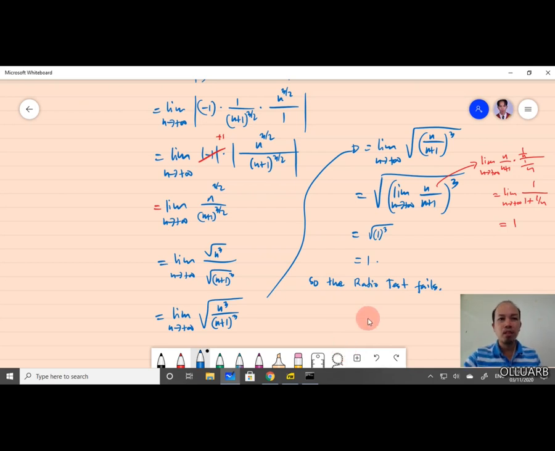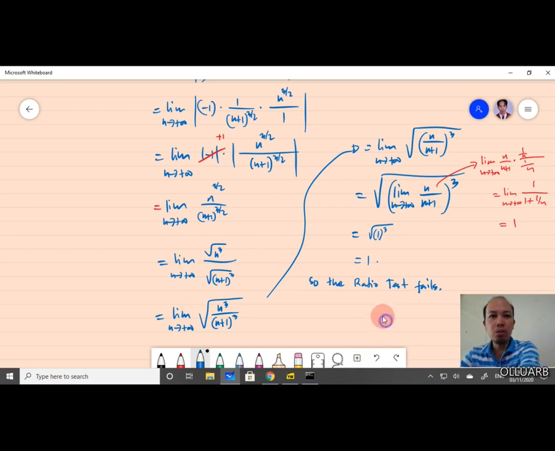Since the limit of the absolute value of a sub n plus 1 over a sub n as n approaches positive infinity is equal to 1, do not conclude that the series is divergent.